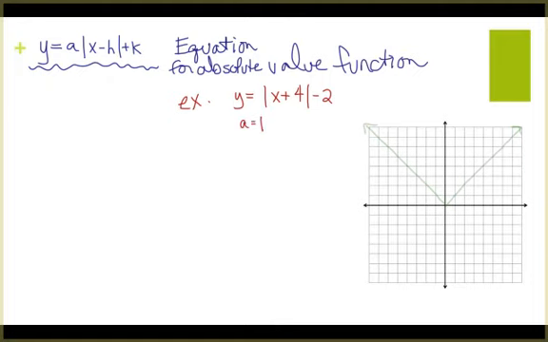A is 1, because if it's invisible, just like a slope of 1 would be invisible in a line in slope-intercept form, since there's nothing in here, the slope is 1. Okay, and then h is -4. Think about why h is -4. And then k is -2.